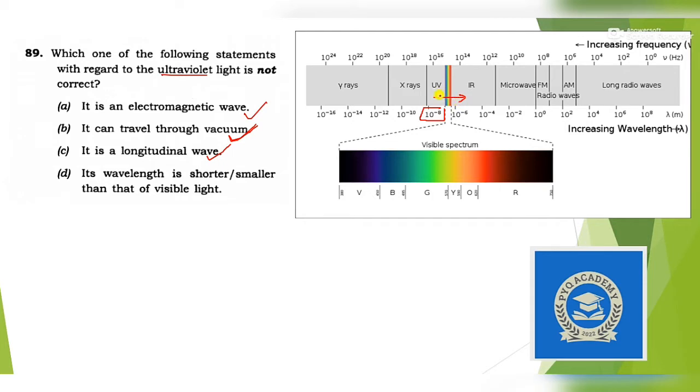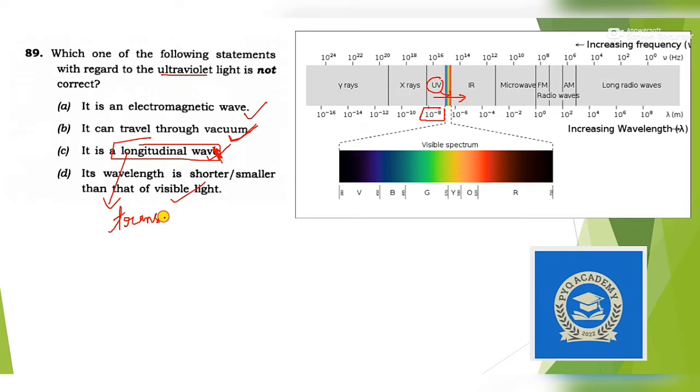That means UV light has less wavelength than visible light. Yes, its wavelength is smaller. Wait, I made a mistake. The statement that is wrong is the previous one: ultraviolet light is not longitudinal, it is a transverse wave.